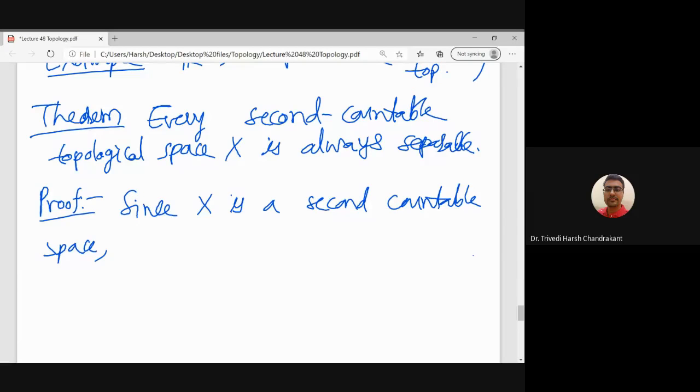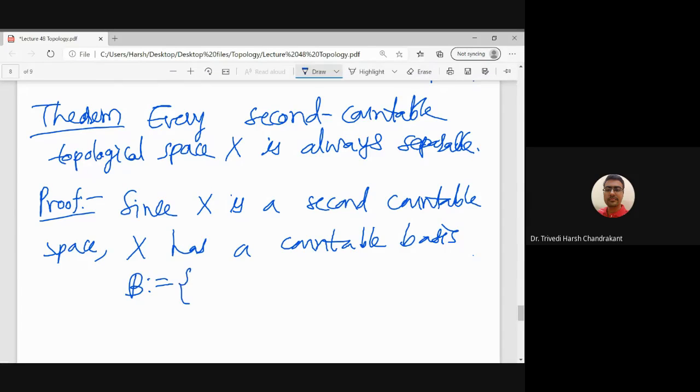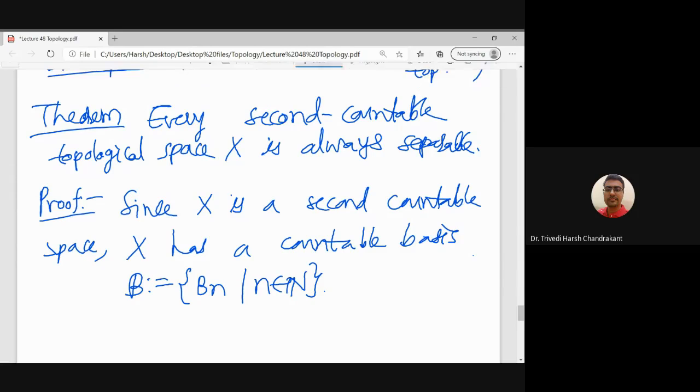We can write this countable basis as Bn, n belongs to the natural numbers. In a first countable space we have a countable basis around a given point x, but in a second countable space the basis of the topology itself is a countable collection.